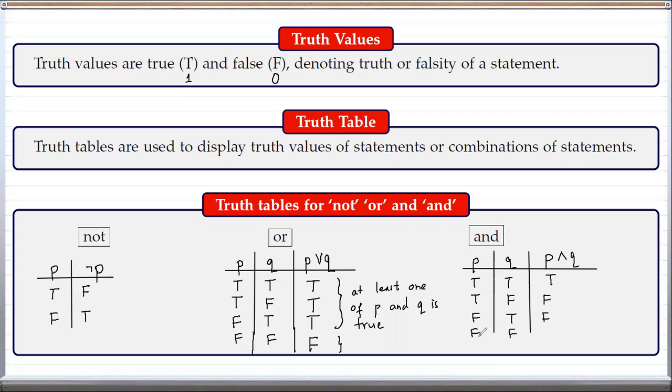When P is false, Q is false, P and Q is false. So P and Q is true only when both P and Q are true. Only when both are true. Otherwise, P and Q is false. These are the truth tables for these three basic logic operations.